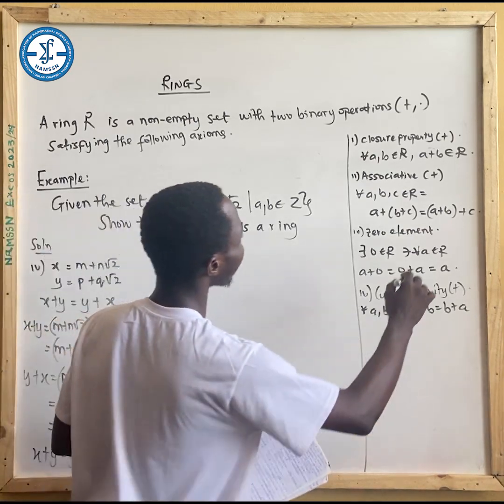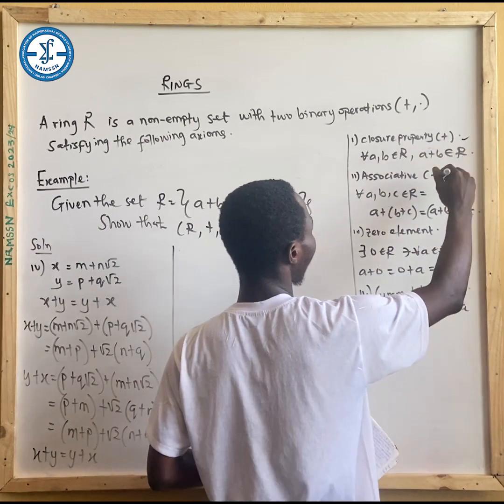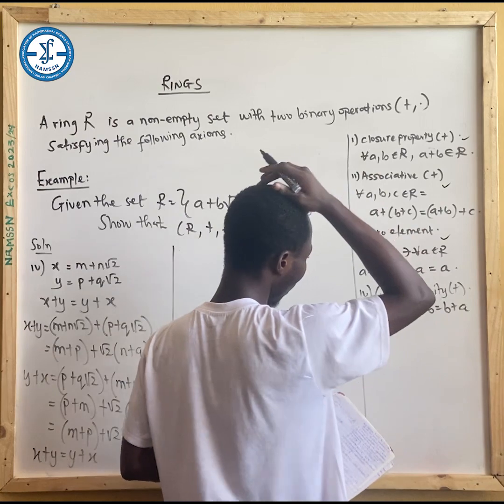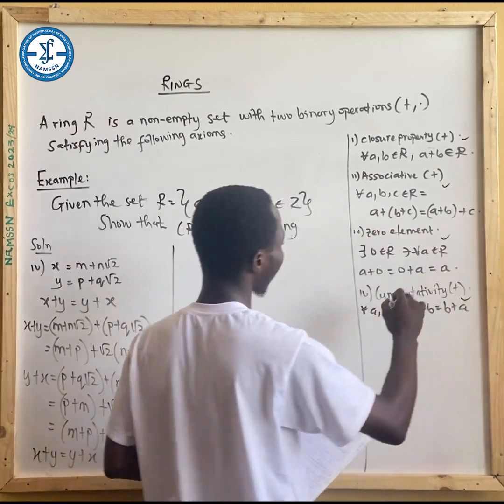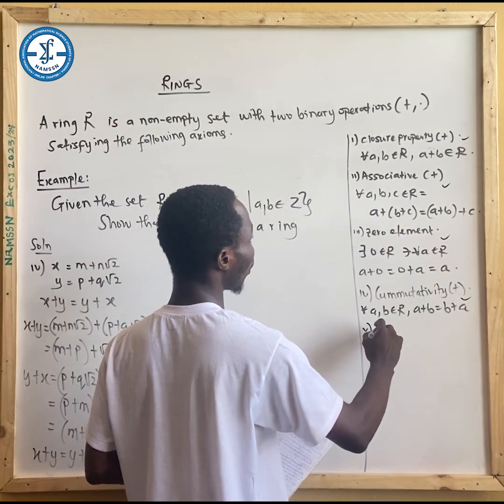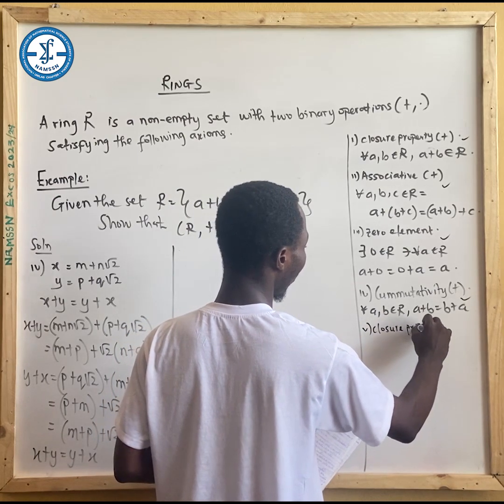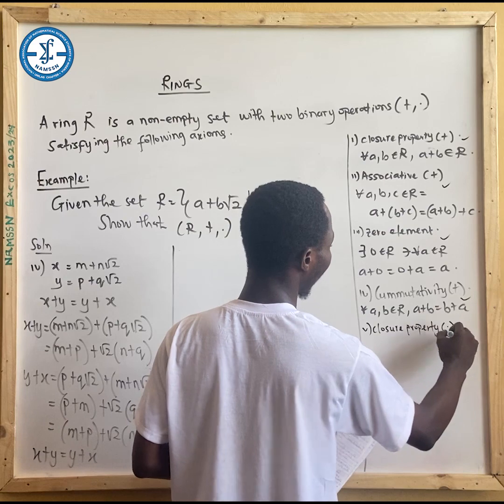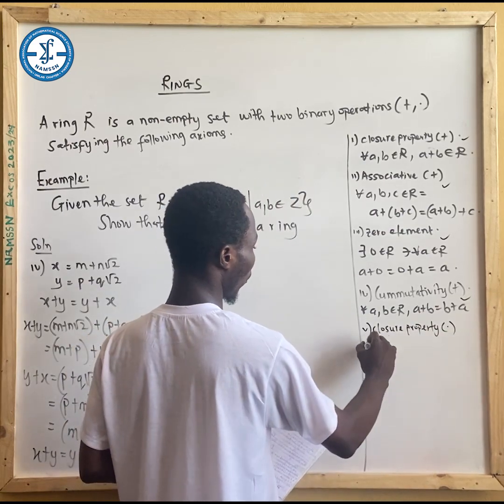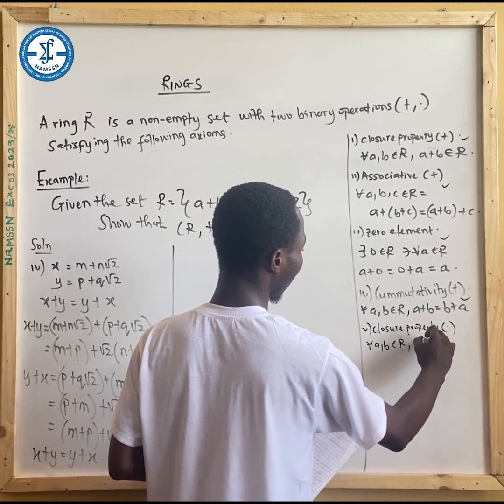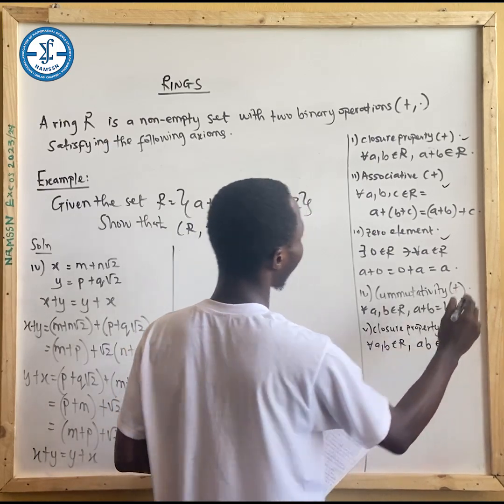So I've been able to prove closure property under addition, associativity under addition, existence of zero element, and the commutative property. Now the next one I want to go into is closure property under multiplication, that says that for all a, b in R, ab is also a member of what?